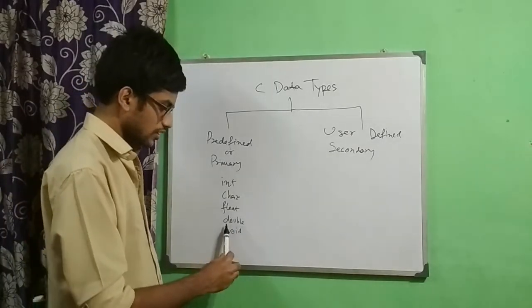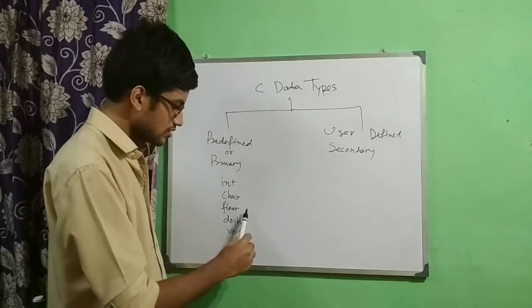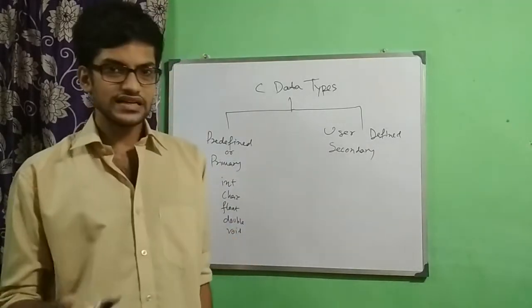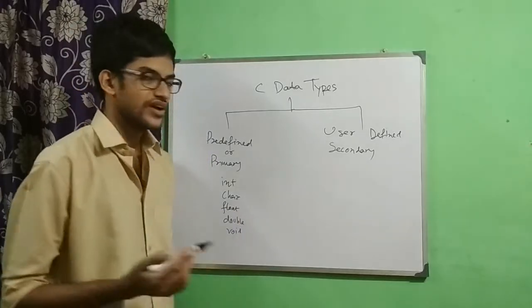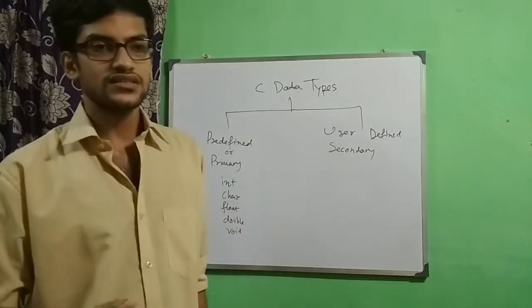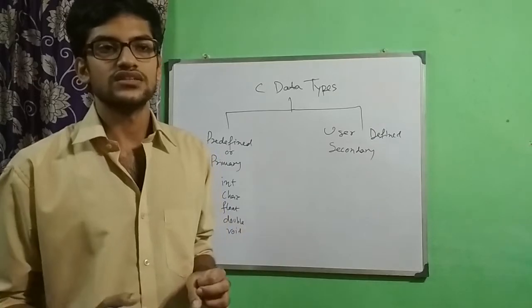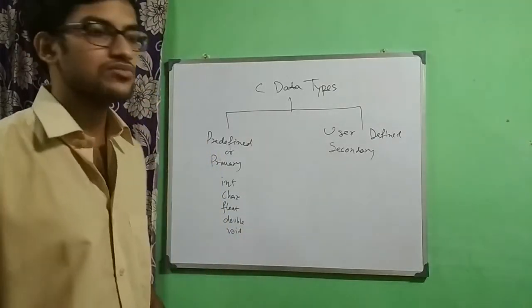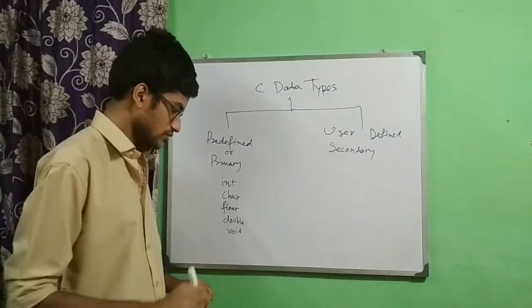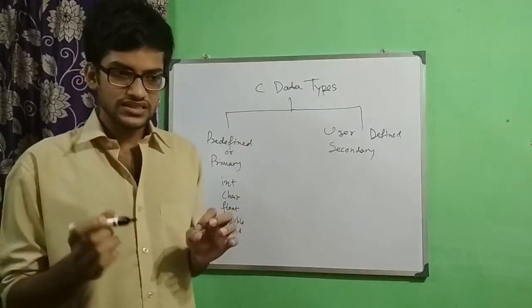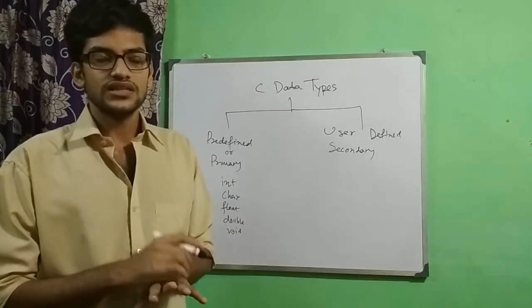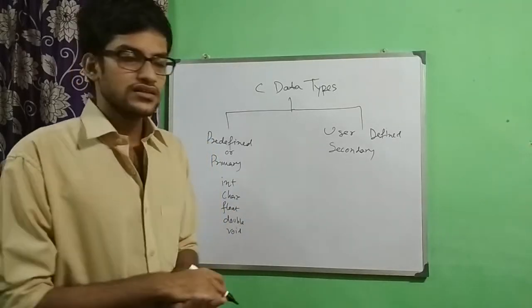But double means, as the name suggests, double the space being occupied by the float. Whenever we are declaring some variable, it will take some place in the memory location. Memory location means those memory cells in the memory module, and they will have some capacity.